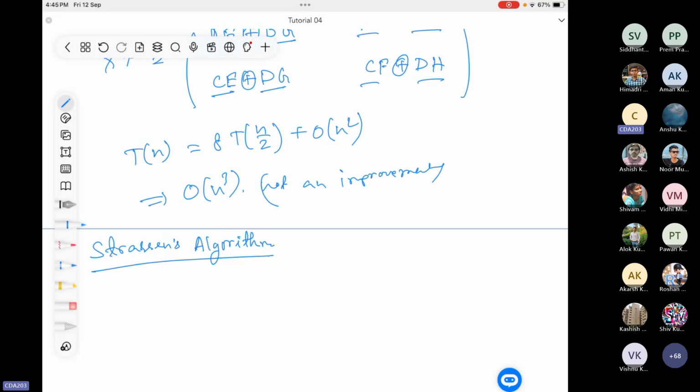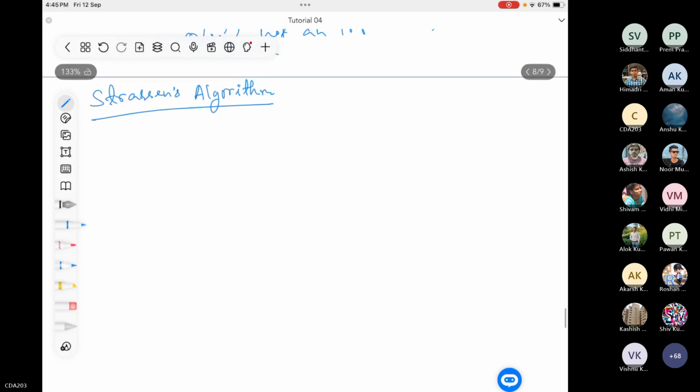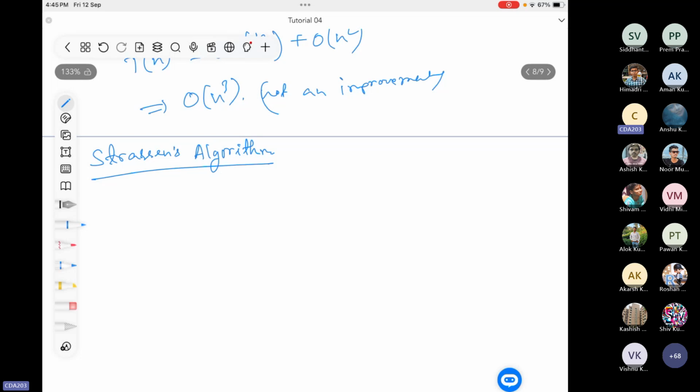How he came up with this idea, that's not clear and that's not known. But he somehow manages to do something like this. I will do an example with 2 cross 2 matrices. But this is what he did.